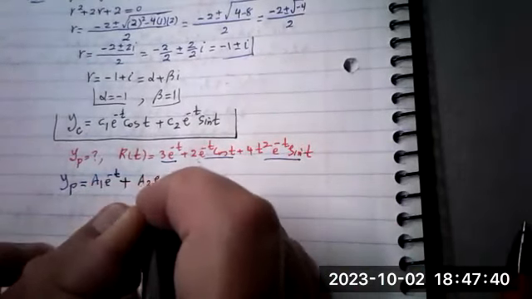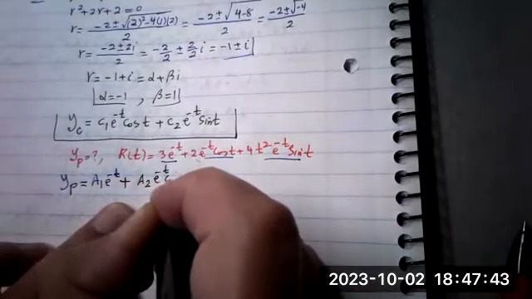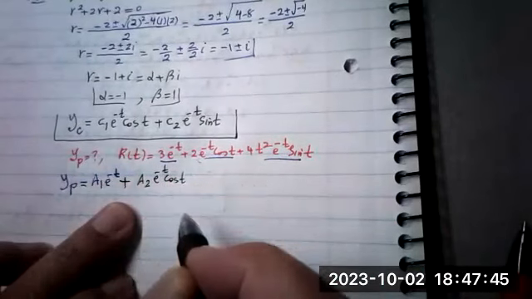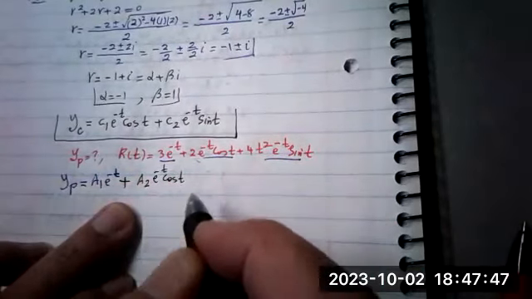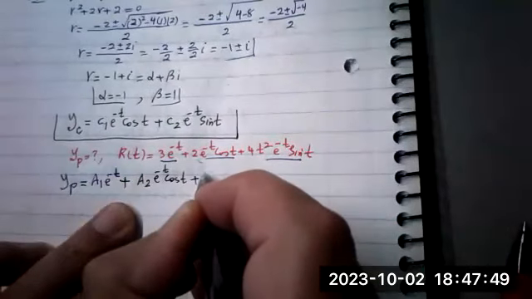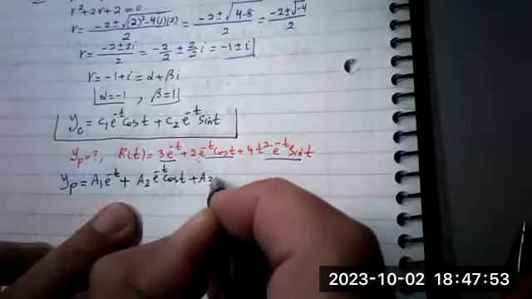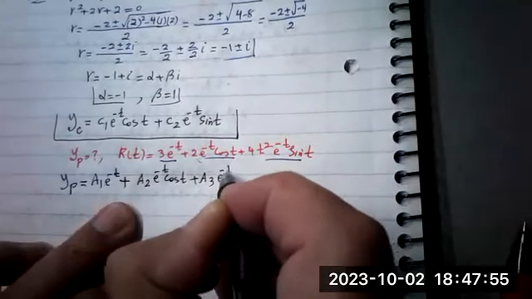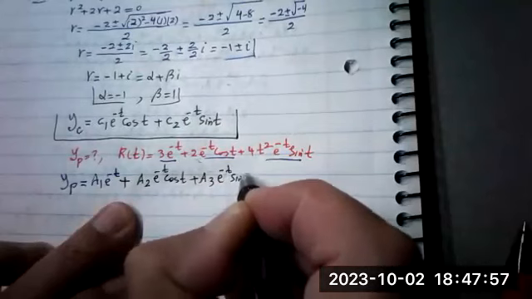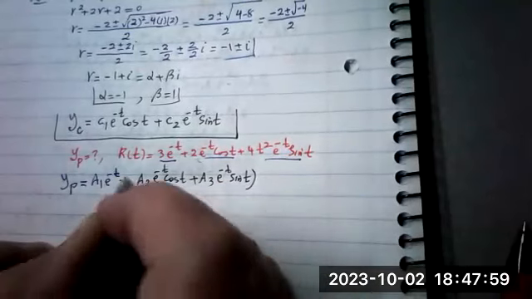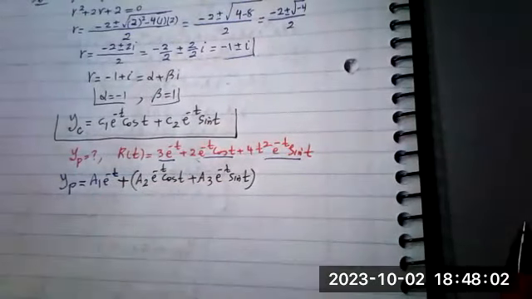It's going to be A2 e to the negative t cosine t. And anytime you use the cosine and sine, you have to repeat it. Plus A3 e to the negative t sine of t. So this would be for the second one.